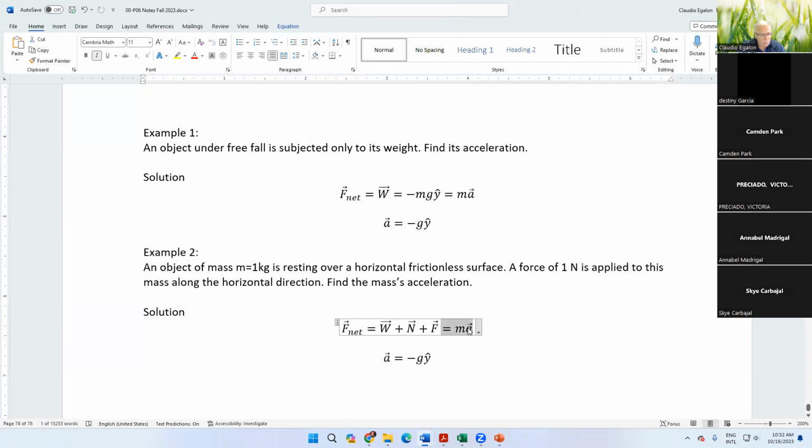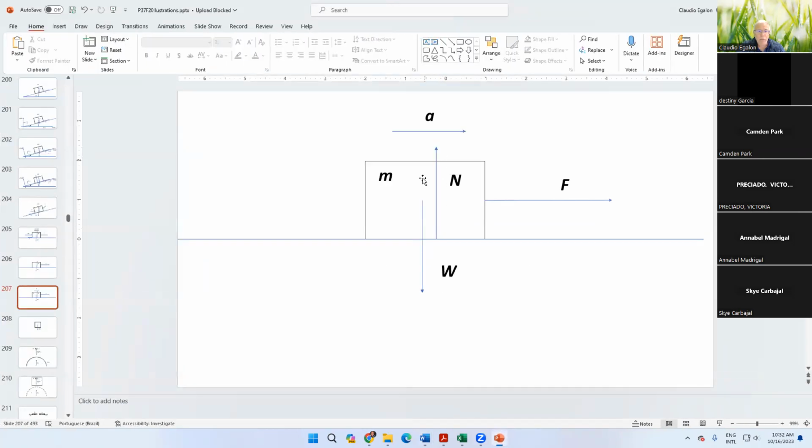No acceleration along the y direction means that we have only acceleration along the x direction. I want a hat. There you go. Professor, what does N stand for? The normal. This force here, normal.